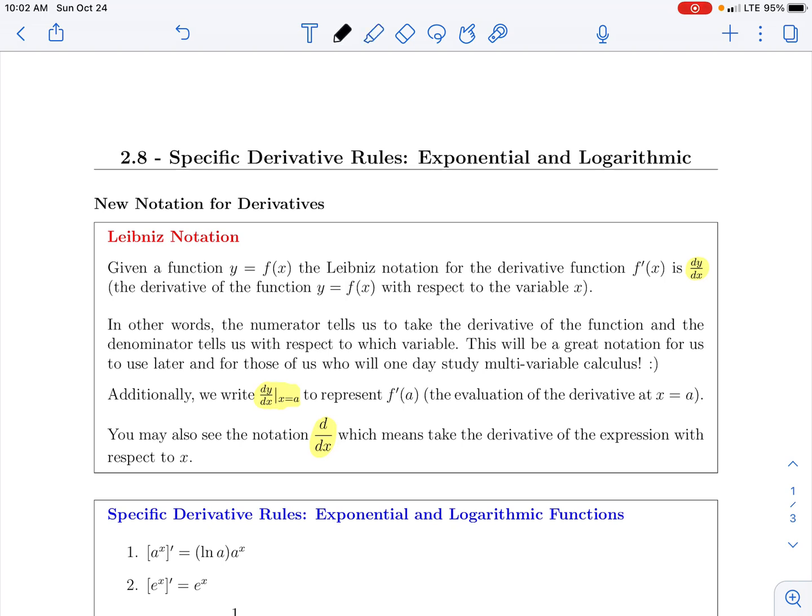You notice that in the numerator it just has the d, but it's missing another variable. Up here we had dy, because we had a specific function we were taking the derivative of. In that case, the function was y. But here, when we're just taking the derivative of an expression, we don't have a specific function, so it's just d over dx or d dx.